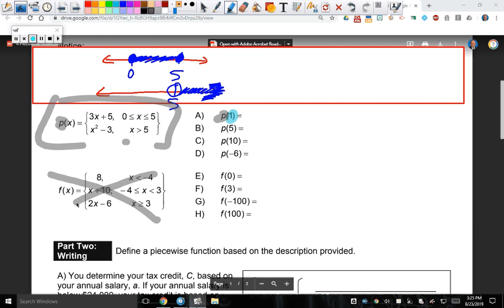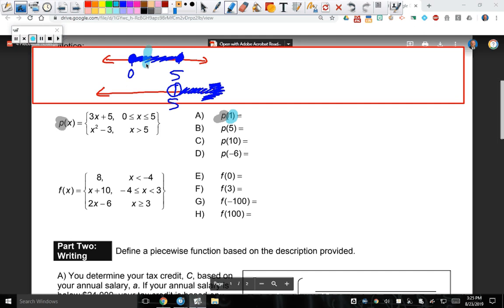Okay. So now that you know you're plugging it into P of x, piecewise defined functions tell us which equation we are going to plug it into. We have to pick which machine. It's like standing in front of 3 different vending machines. Which one am I going to plug this into? Okay? So, together, 1 is right here.